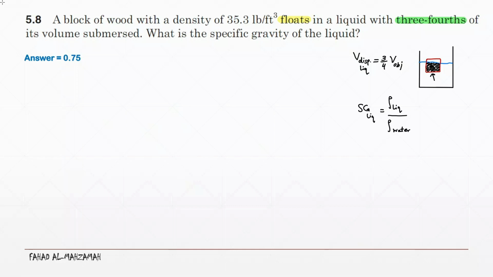At the end you will find the density of liquid in pound per cubic feet. You have to use the density of water in pound per cubic feet such that the specific gravity at the end will be a unitless quantity. This is another point to be understood.